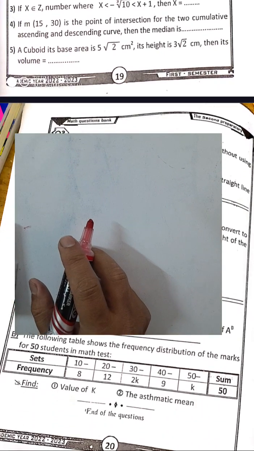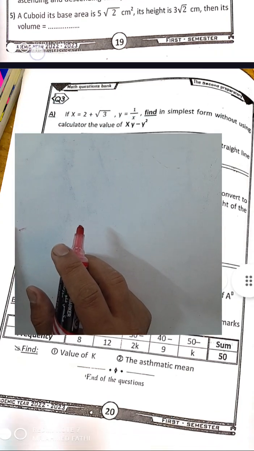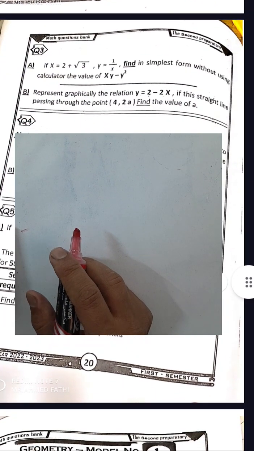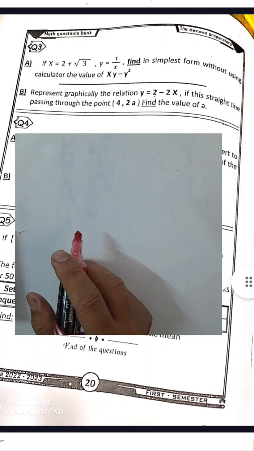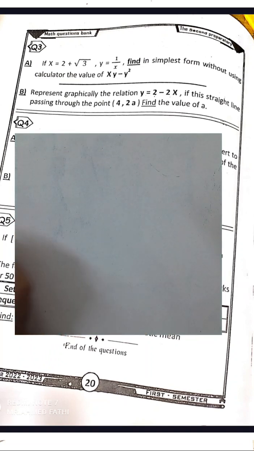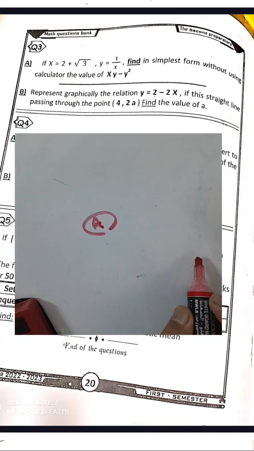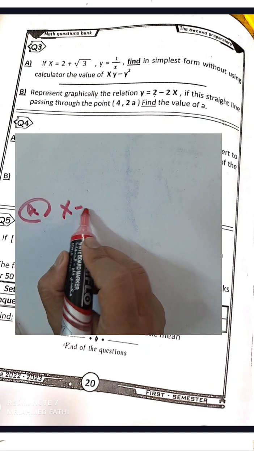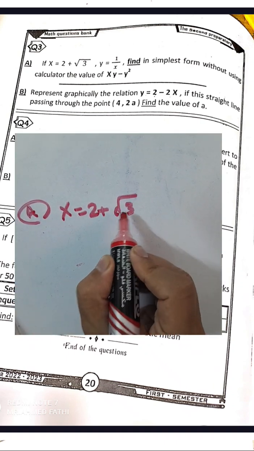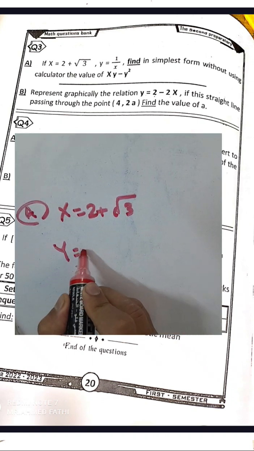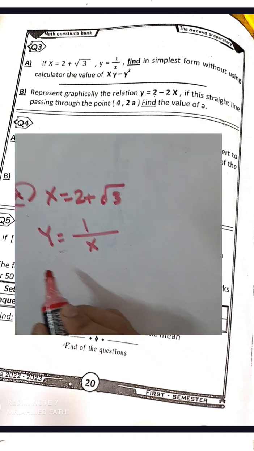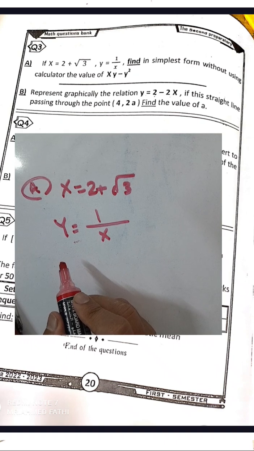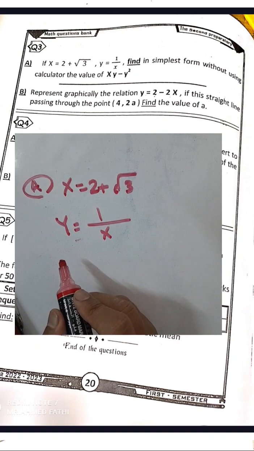Next example. Number 3, letter E. If x equals 2 plus root 3 and y equals 1 over x, find the simplest form without using a calculator.